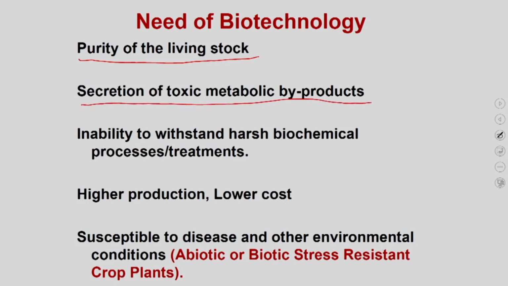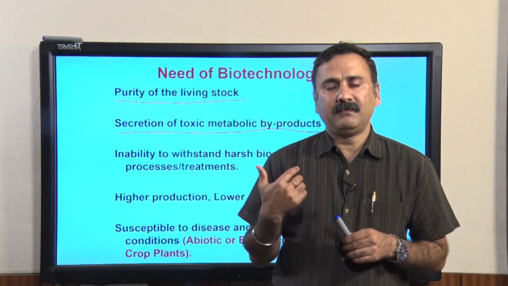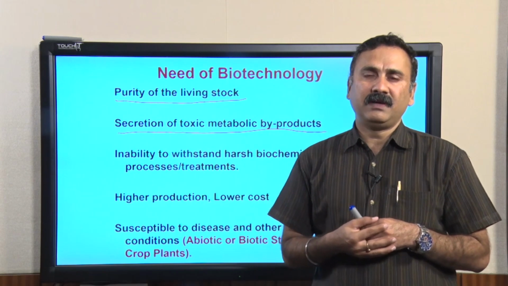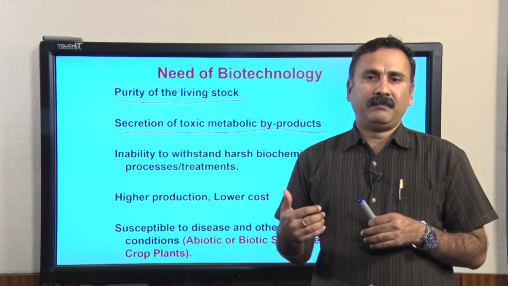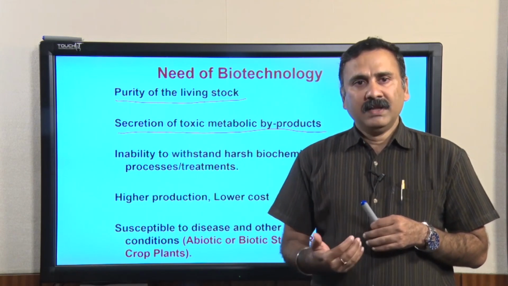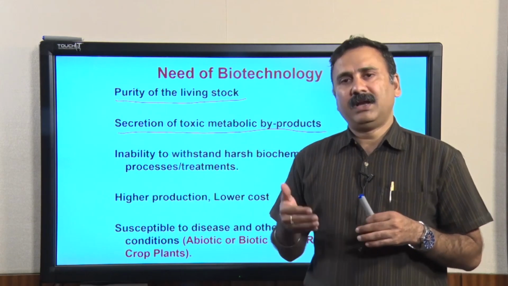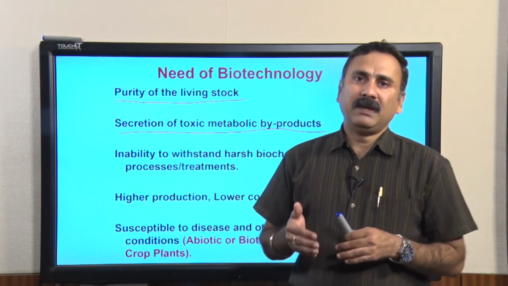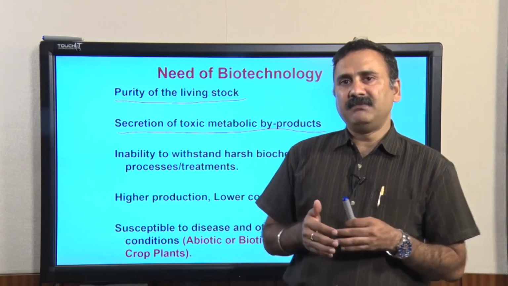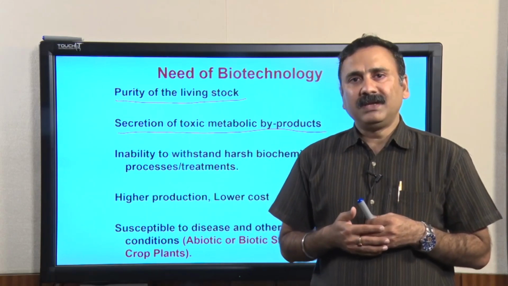The other aspect is the secretion of toxic metabolic byproducts. Many plants as well as microorganisms are a source of different metabolites, or are used as a source for developing drugs. But when they are used as a source of biotechnology-related products, they also have metabolic reactions that develop byproducts, and sometimes these byproducts are toxic in nature.